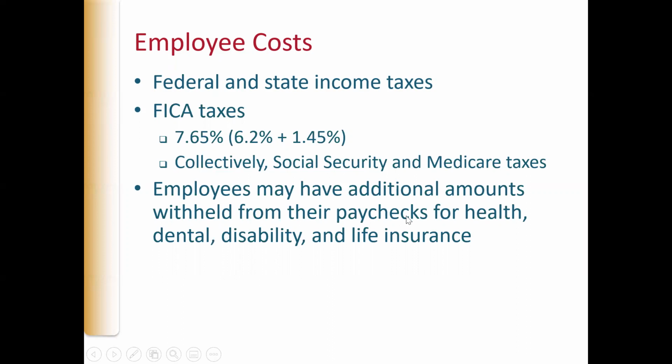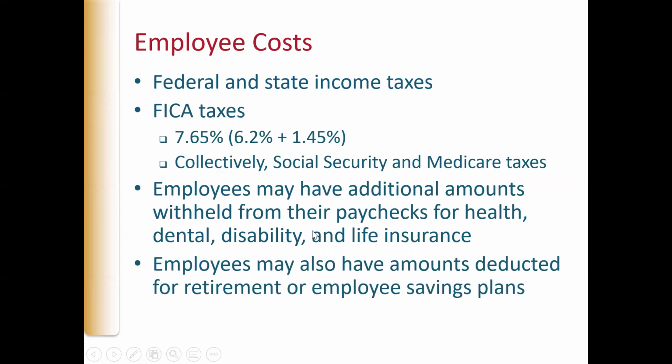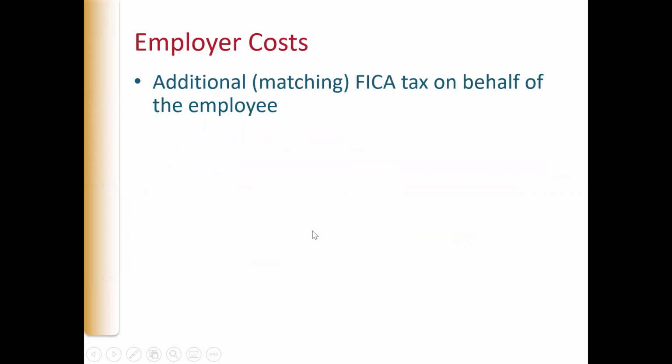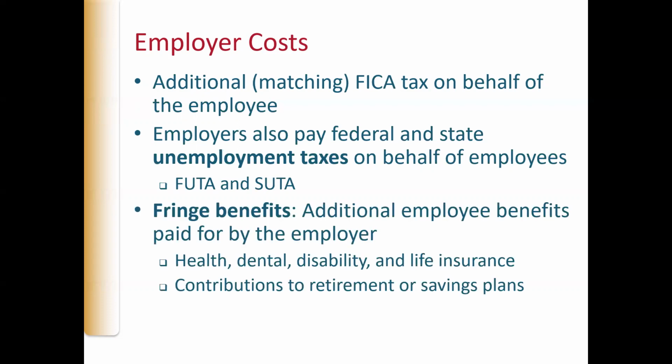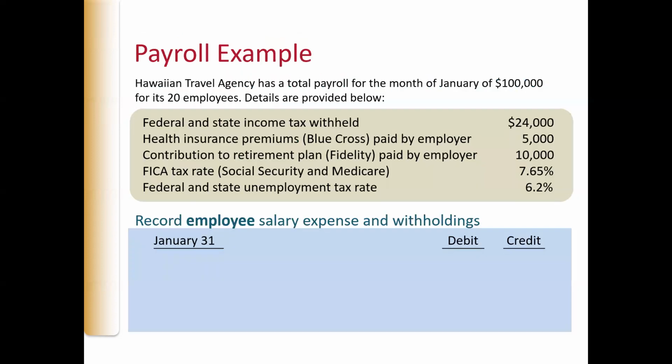Again, employees may have other things that are being withheld from their checks. So employers have to match that 6.2 and 1.45%. Whatever the employee has taken out, the employer has to match that amount also. And employers pay the FUTA and the SUTA and any other fringe benefits.